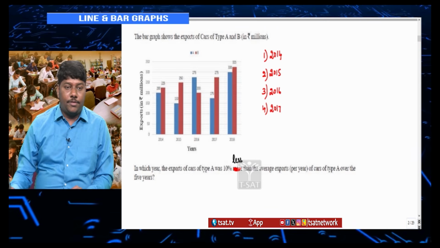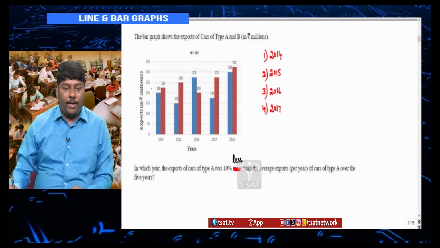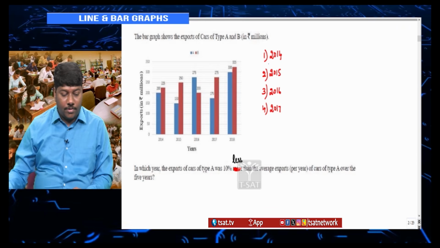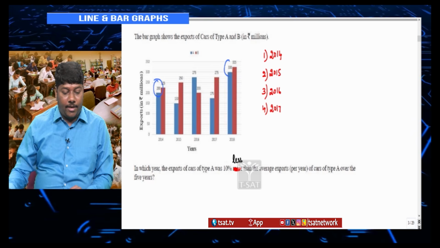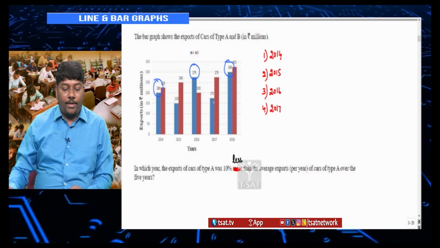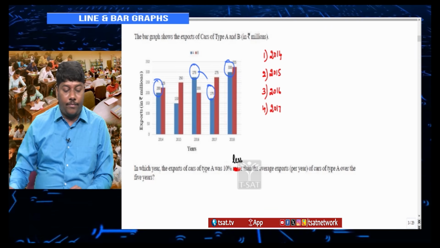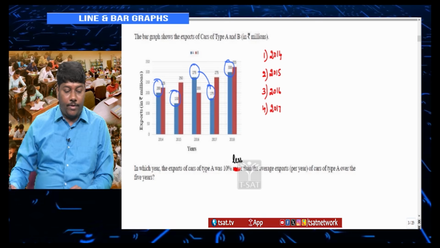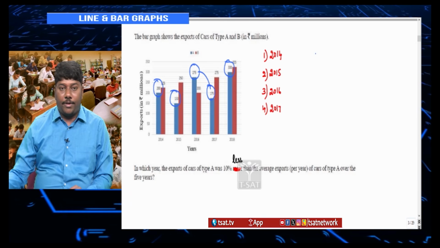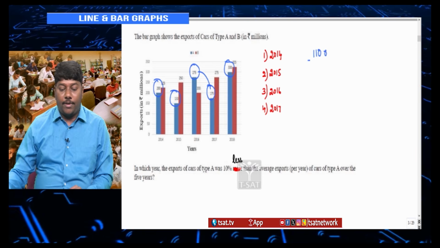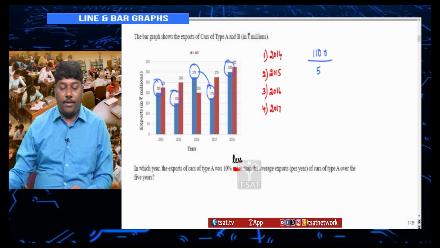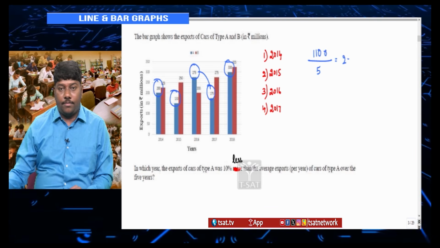Now look at all the years. For A, starting with 200, round figures you can add. 200 plus 300, 500, 275 plus 175, 450, then you have 150. So 600 plus 500 is 1100. 1100 is the total, but the average is divided by 5, then you get 220.